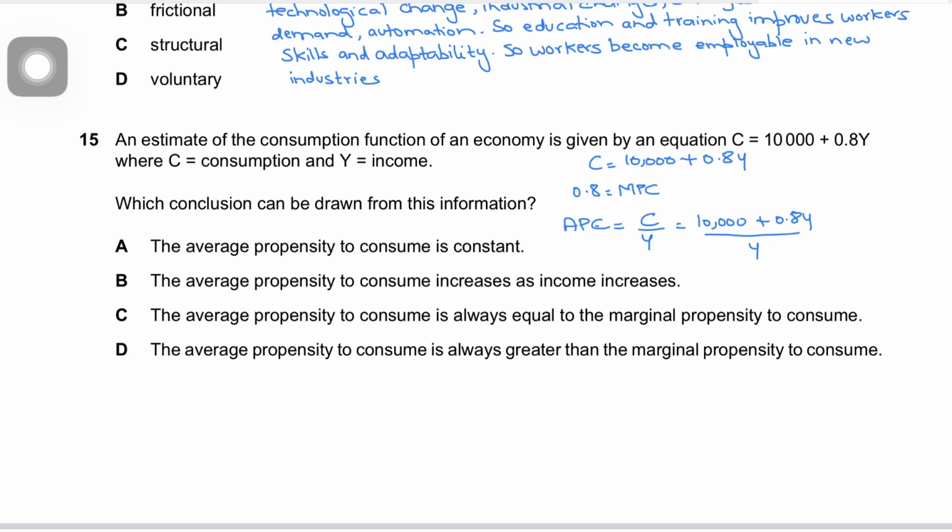Now you have an autonomous consumption here, which is independent of income, 10,000. So total consumption in the economy would always be more than just 0.8Y. Why? Because you have an autonomous consumption as well.